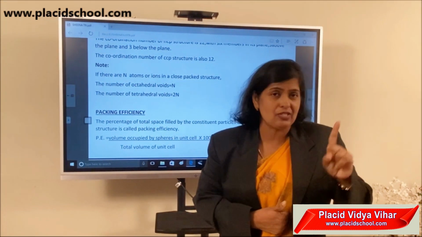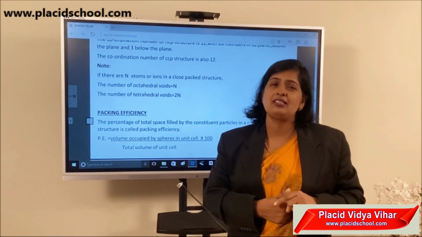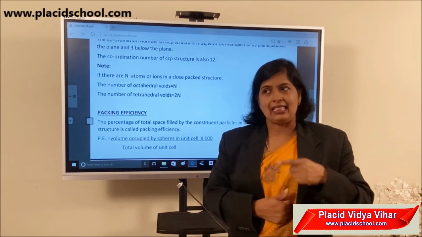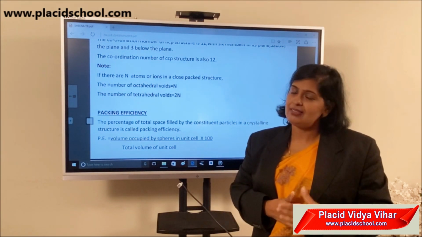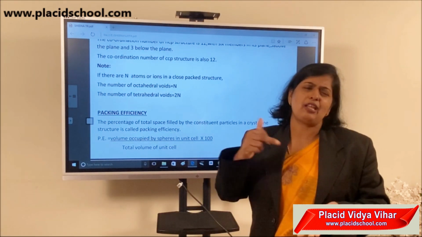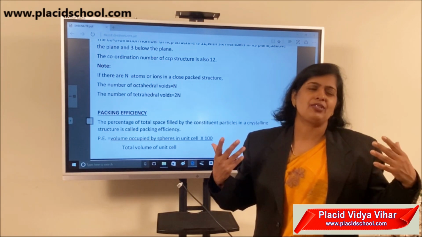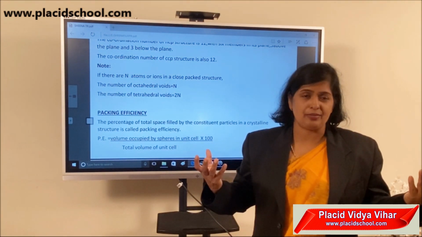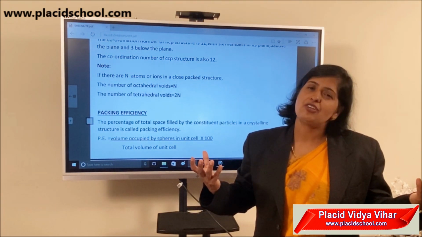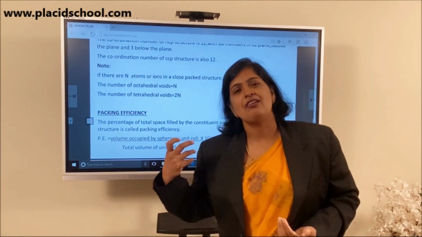If a crystal has n atoms, then the number of tetrahedral voids is 2n, and the number of octahedral voids is n itself. So the number of octahedral voids and the number of atoms in a crystal will be one and the same. If a crystal has 20 atoms, then the number of octahedral voids is 20 and the number of tetrahedral voids is 40.